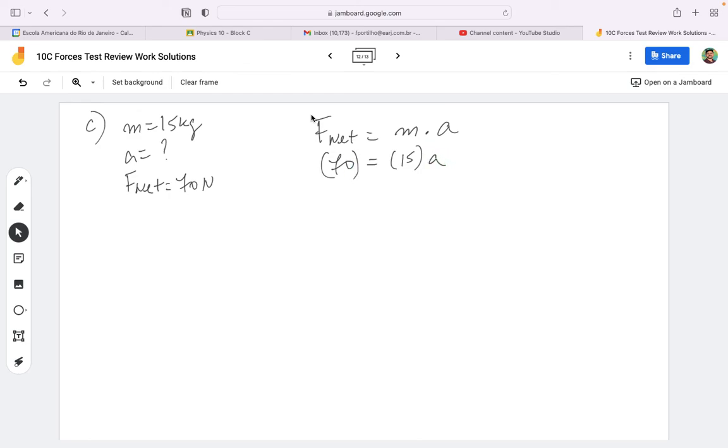So if we isolate a by dividing this piece here by 15 on both sides, then we end up with 70 divided by 15, which is 4.7 meters per second squared, because that's going to give a repeating decimal, which is 4.6666. So rounding it off to 1 decimal place, this is what we got for the acceleration.